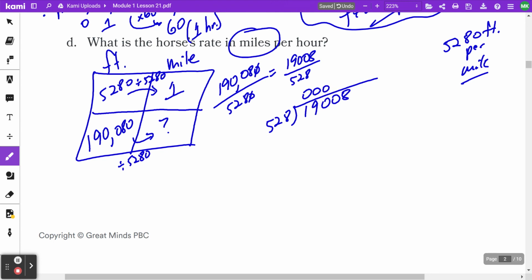All right, so that goes 0, that goes 0, that goes 0. So it looks like 3 times. Let's see. 528 times 3. That's a 24, 6, 7, 8, and a 15. Yep, that's going to work. Okay, so 3 times 1, 5, 8, 4. So that becomes 8, a little borrowing action, right?